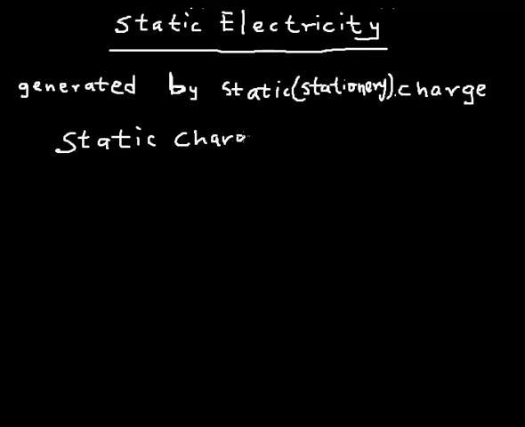All static charges are generated by friction. Why? Because you were told in chemistry that atoms are neutral, but an atom can gain charge by either losing or gaining electrons.